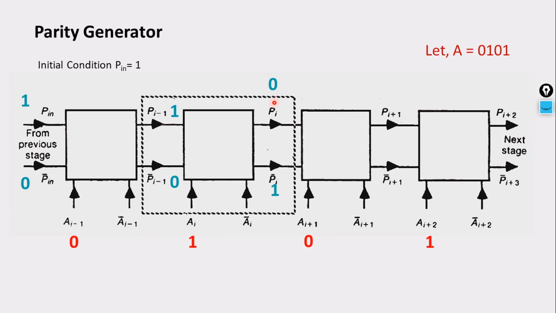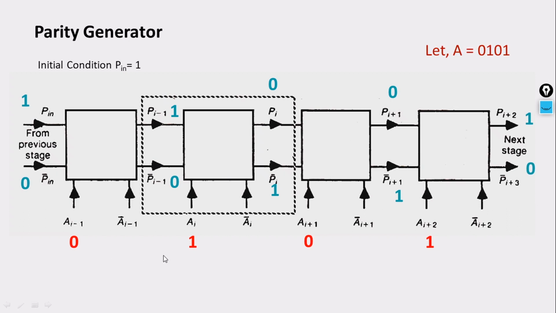So whenever there is 1 at the input, I am going to negate this particular p in, so p out will be the negation of p in. In a similar way, here we are having 0, so the same is followed. p out will be the same as p in, and again we are having 1 over here, so it is going to be a negation.